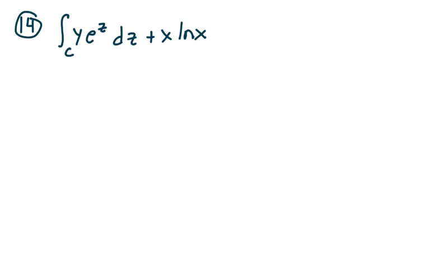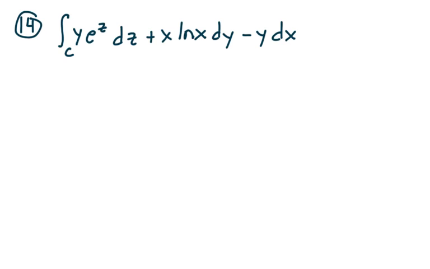Well, let's do another one. We'll take a look at number 14. Suppose I had the integral over c of y e to the z dz plus x ln x dy minus y dx.